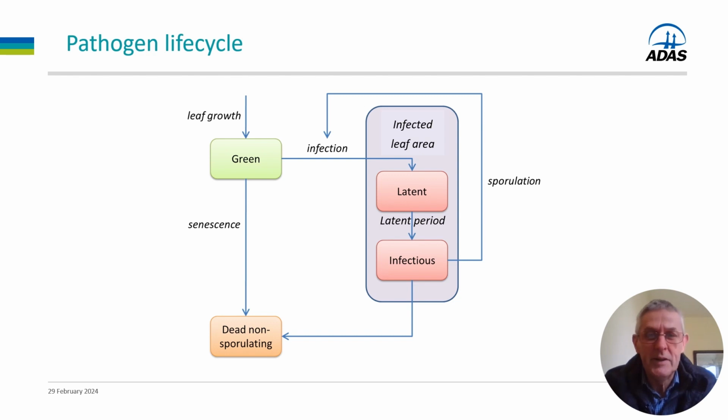And we can think about this in chunks of leaf surface, the size of a lesion. What we're interested in is how many of those chunks of leaf surface are going to become latent infections that will subsequently become infectious, produce spores that go round and produce more infections on new green area.